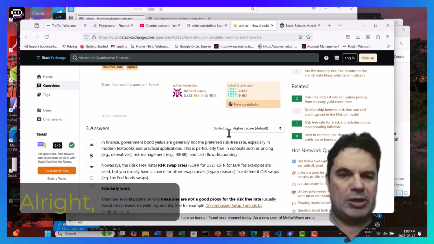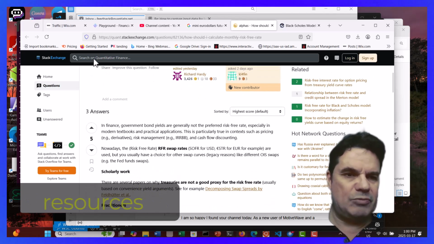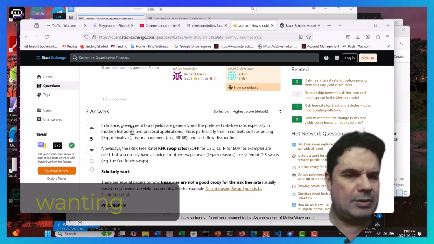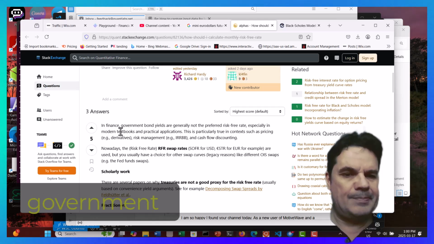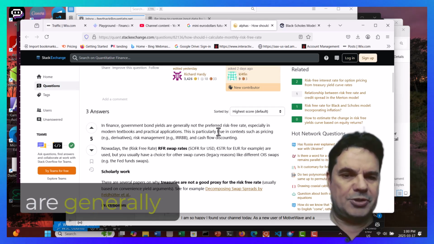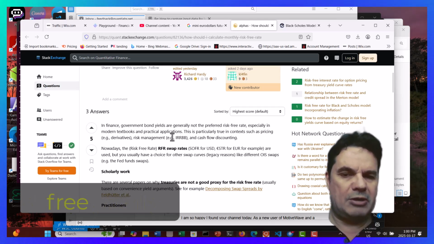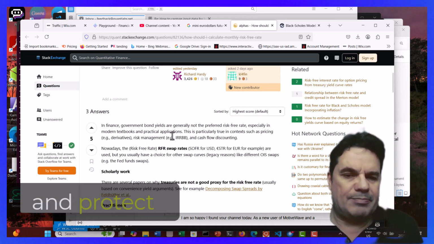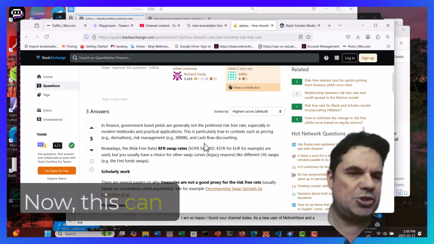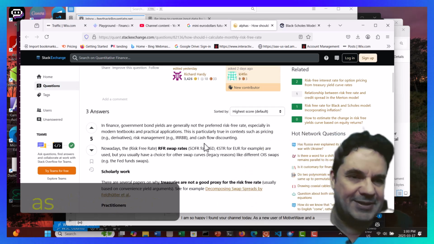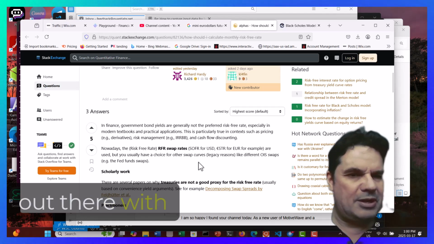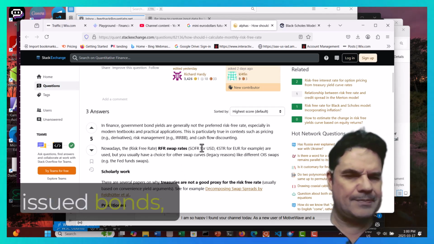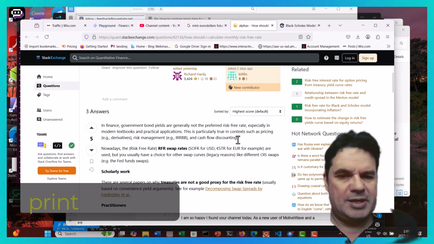All right, so this resource is fantastic for anyone wanting to learn about quant stuff. Just as a tidbit there, government bond yields are generally not the preferred risk-free rate, despite what textbooks say, in practical application. Now, this can change as we move on, in terms of more risk being out there with government-issued bonds as they continue to print money.